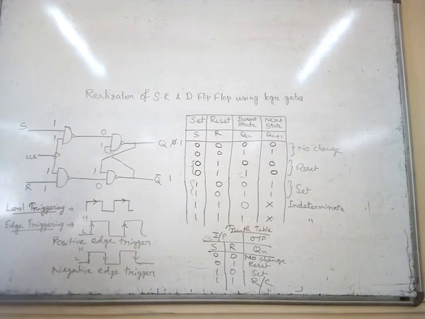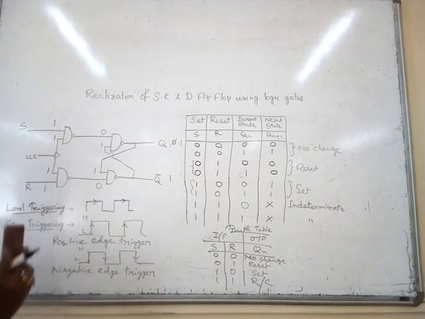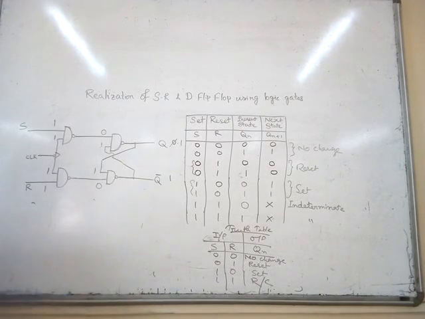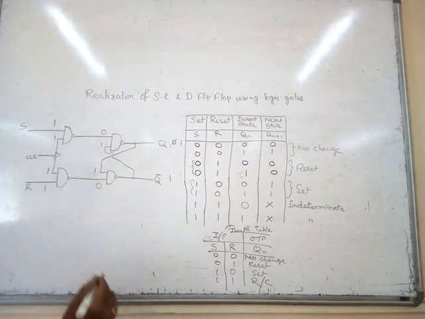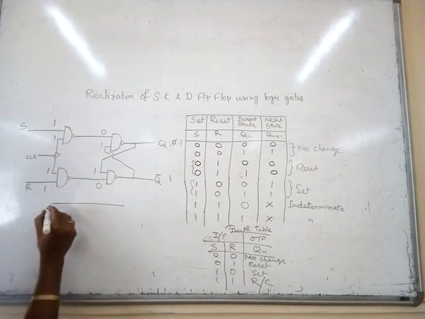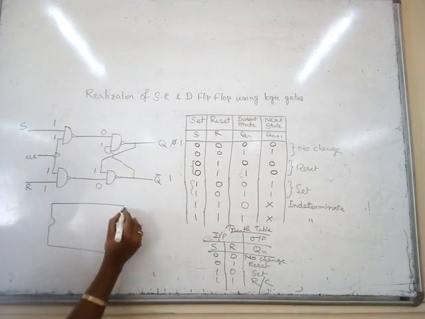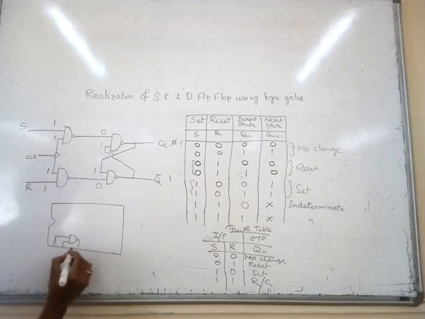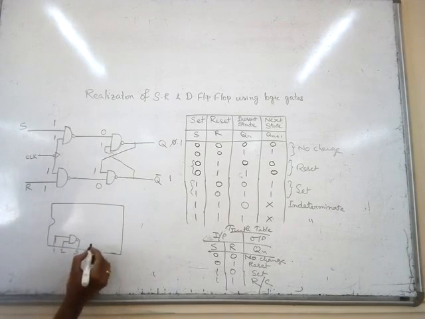Now we give the pin number for this circuit. As we use only one type of gate, NAND, we know the pin diagram of NAND. One, two inputs, three output.